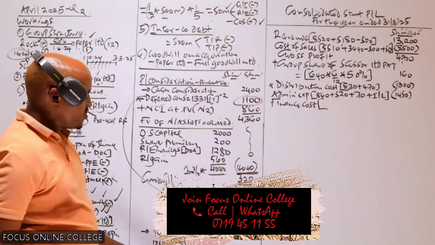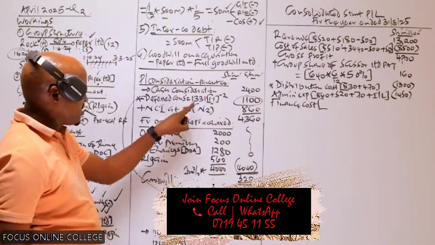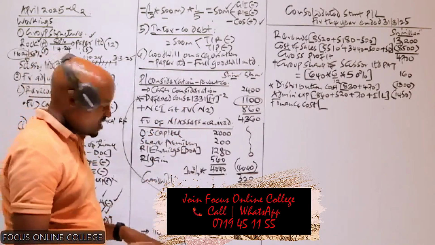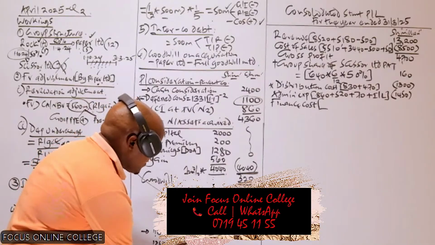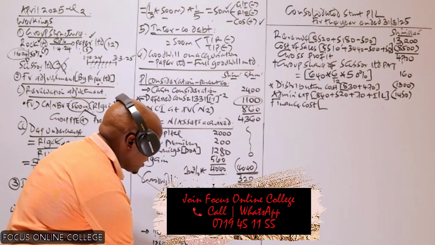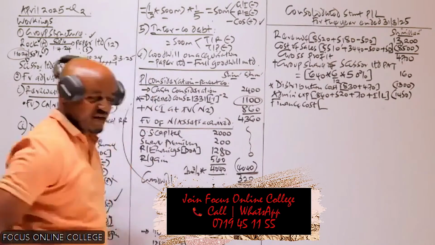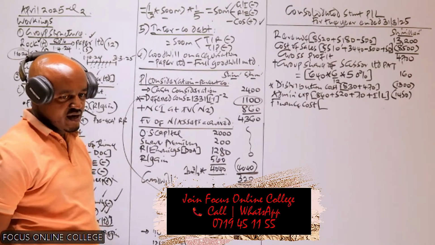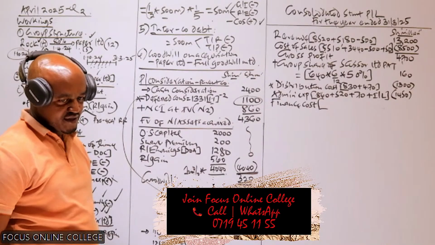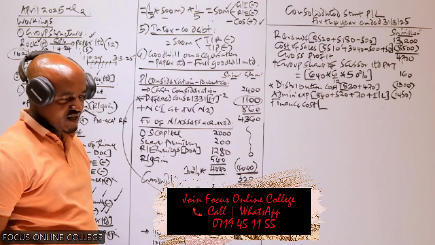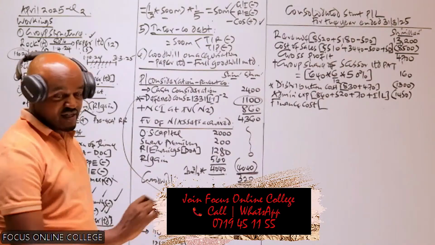Yes. Now we know the deferred consideration will be paid at the end of the second year. So at the end of the second year, the company will pay 1331. And once you do that, you should get 0 there. Are you getting 0? Yes. So this is how we amortize that.